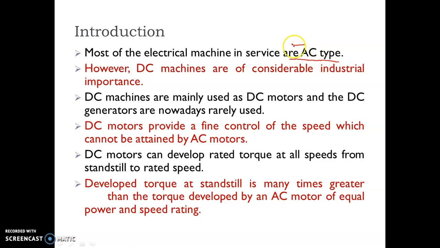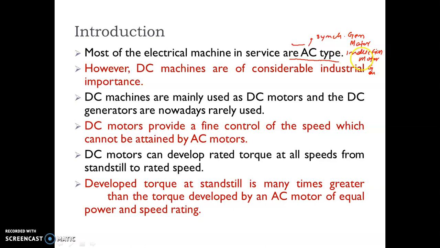In AC machines you will study the synchronous generator and synchronous motor, and the induction motor as well as generator, and also fractional horsepower machines.